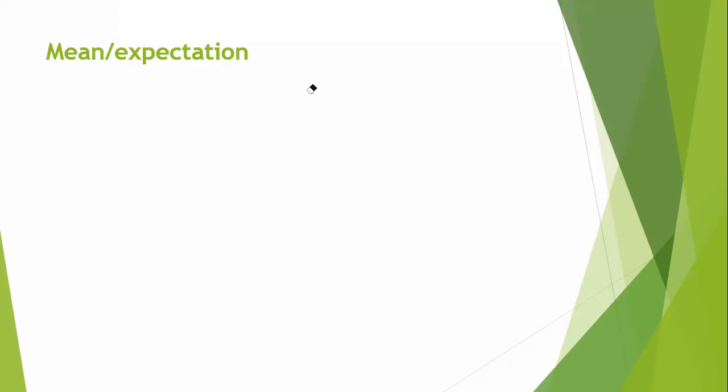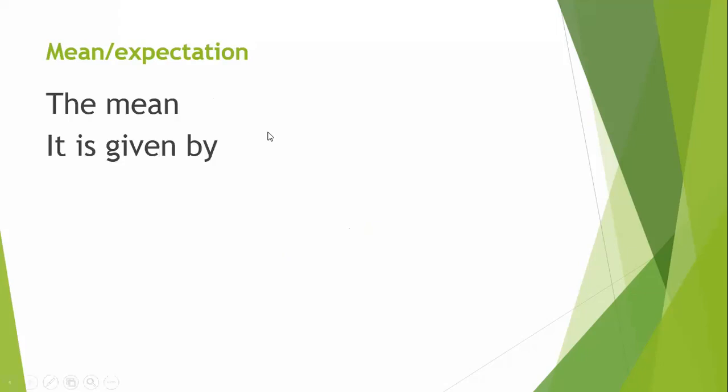The mean is denoted by E of x, and that is simply when we get the n and multiply it by probability of success.